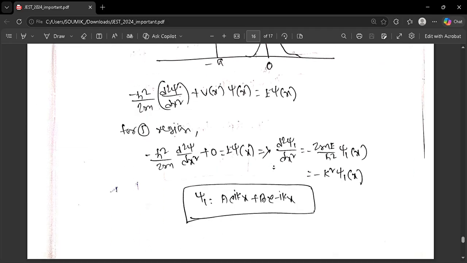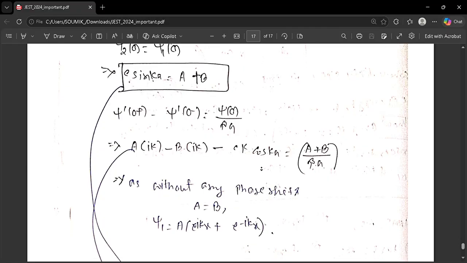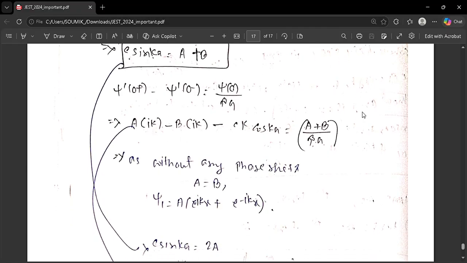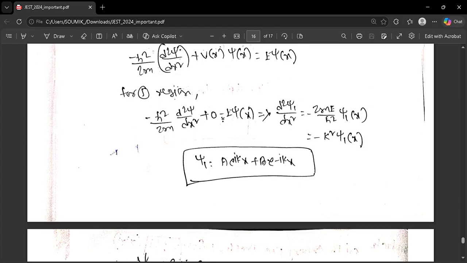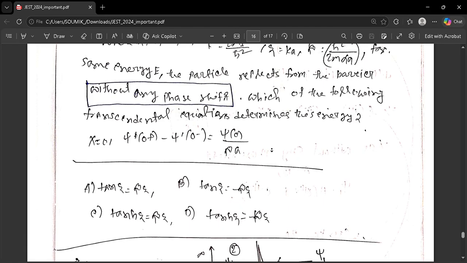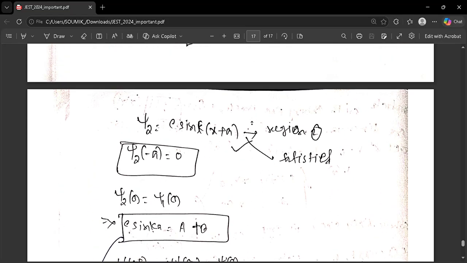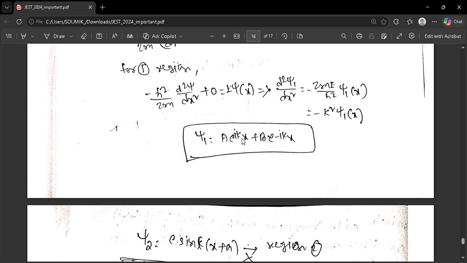Also, the particle reflects from the barrier without any phase shift. In the first region, A e to the power ikx plus B e to the power minus ikx, the first is the incident wave and the second is the reflected wave. Without any phase shift means A is equal to B.